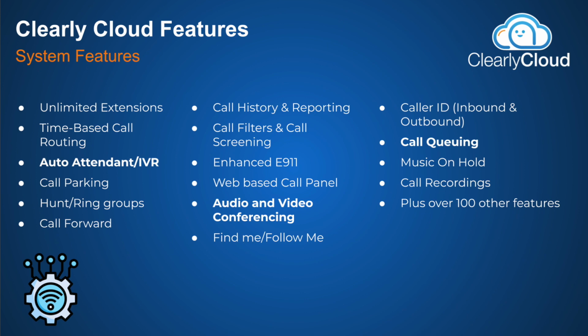Other than SMS and fax, which really run just outside of the tenant PBX, all the other features are part and parcel of every extension license, including our mobile application as well as our WebRTC desktop application. So all the features you would expect to see, hunting, ring groups, call queues, everything is there.